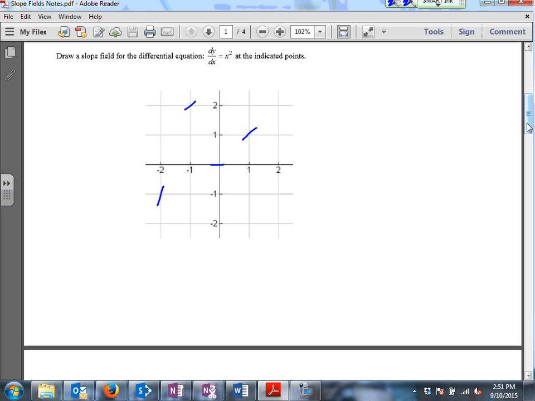So anything that has a 0 for an X is going to have 0 slope. Anything with a 1 for an X is going to have a slope of 1.